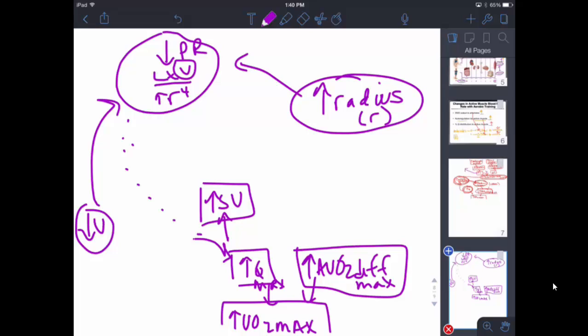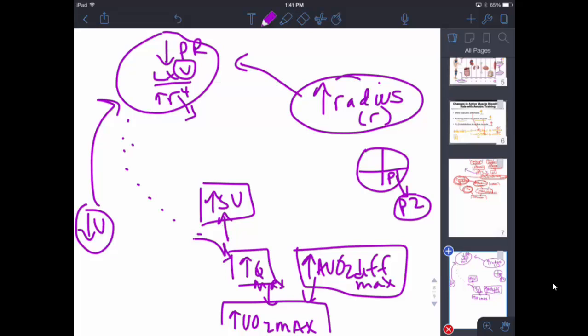So remember that a lower peripheral resistance means less afterload, less aortic pressure, and that's P2 when blood's moving out of the left ventricle. P2 essentially is afterload, aortic pressure.